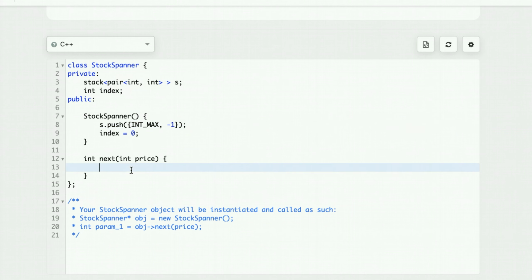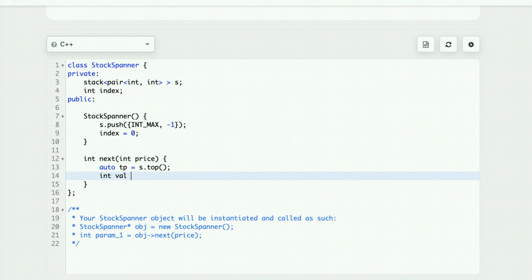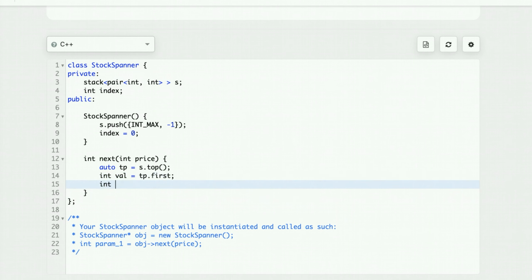So what happens when we get the first price? We need to extract the top element, and the values will be tp.first and index will be tp.second.